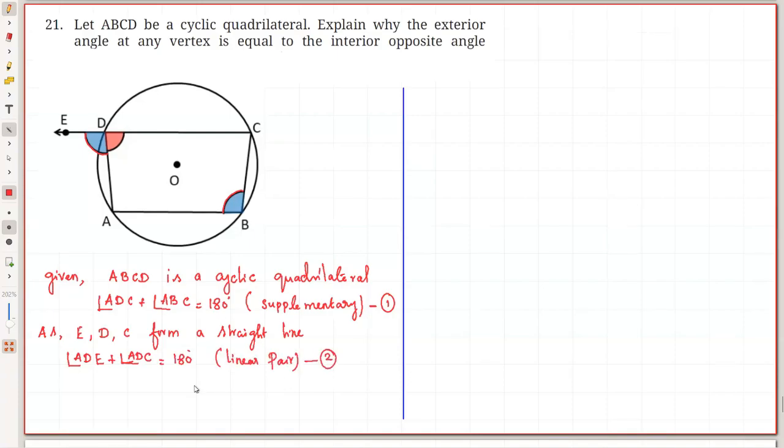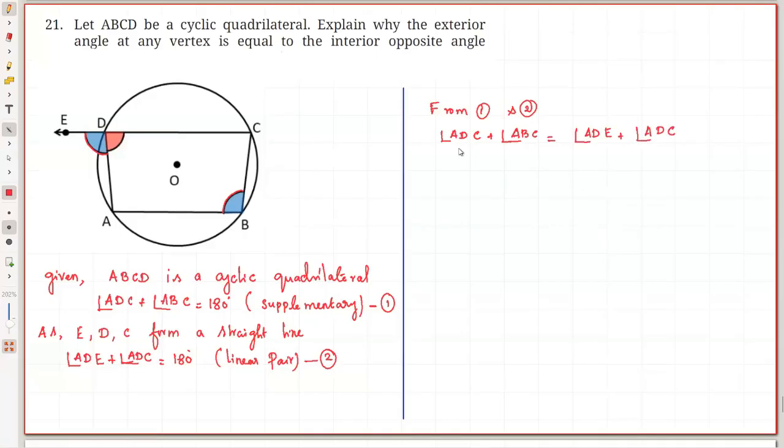Now compare 1 and 2, both right hand sides are 180. If the right hand sides are equal, we can equate the left hand sides. So from 1 and 2, as the right hand sides are equal, angle ADC plus angle ABC is equal to angle ADE plus angle ADC.